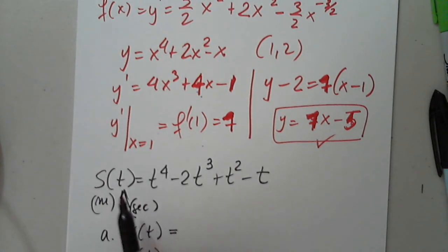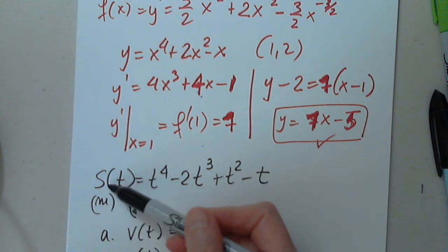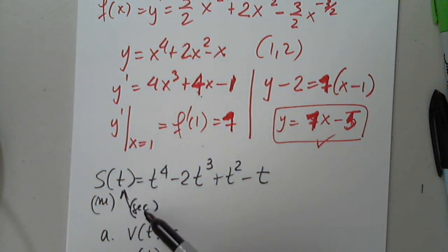So if this is the distance formula, how will I find the velocity? What is the velocity? It is the rate of change of distance with respect to time. So how do I find the rate of change of this function?